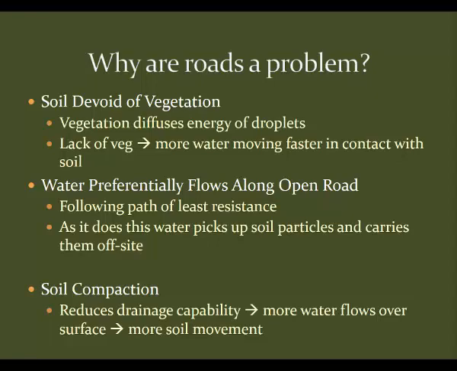So there's not a lot of water left over to be running across the surface and creating problems. But by creating this compact soil environment, we are preventing the infiltration of water and creating this big pool that then ends up flowing preferentially along this open road, picking up soil particles and creating a lot of havoc potentially as it moves.